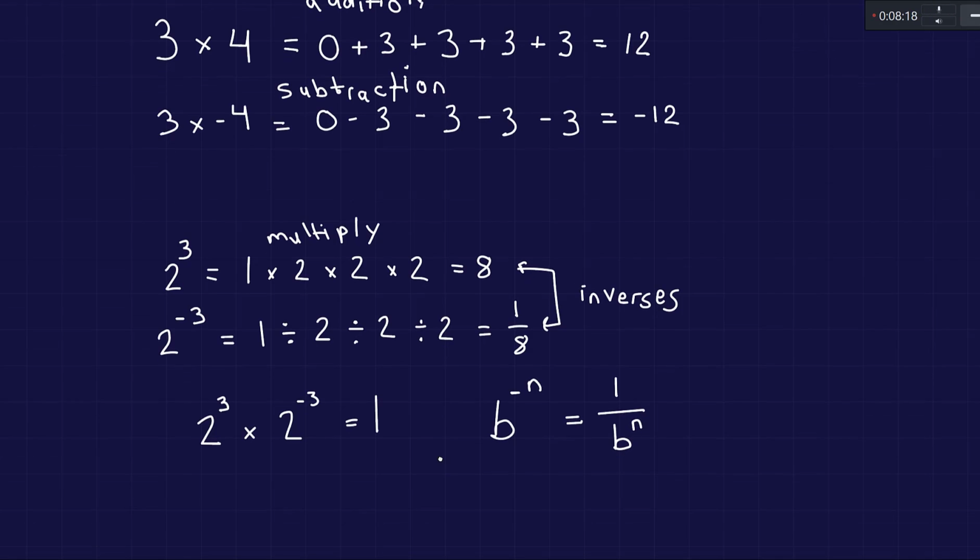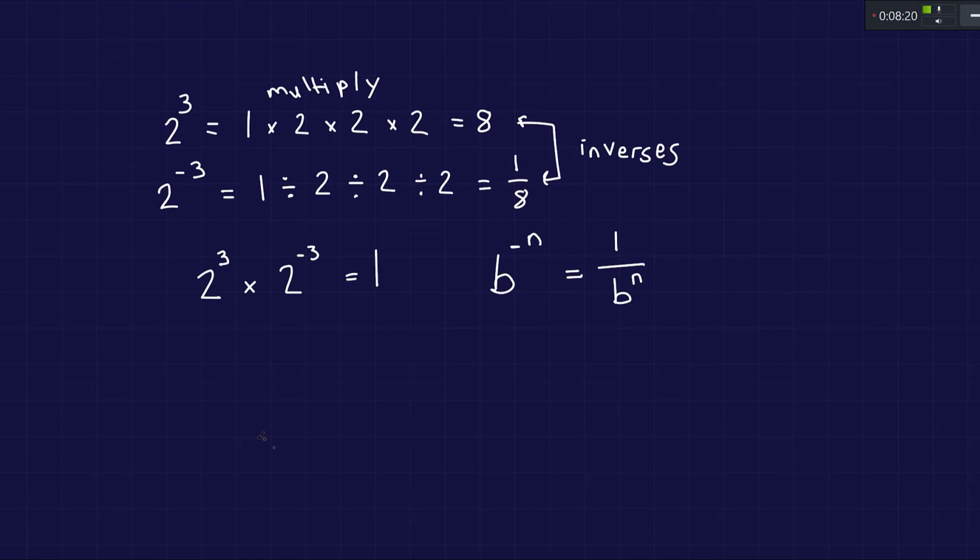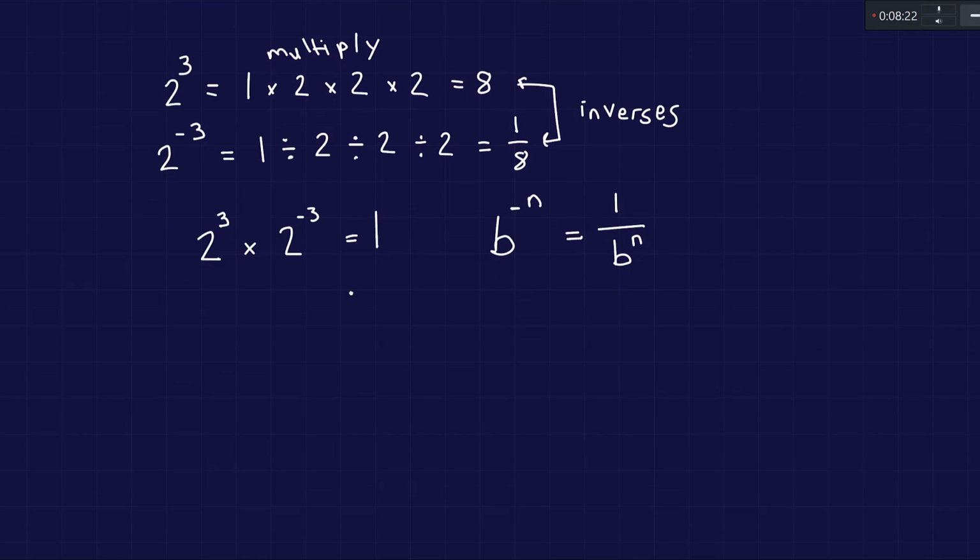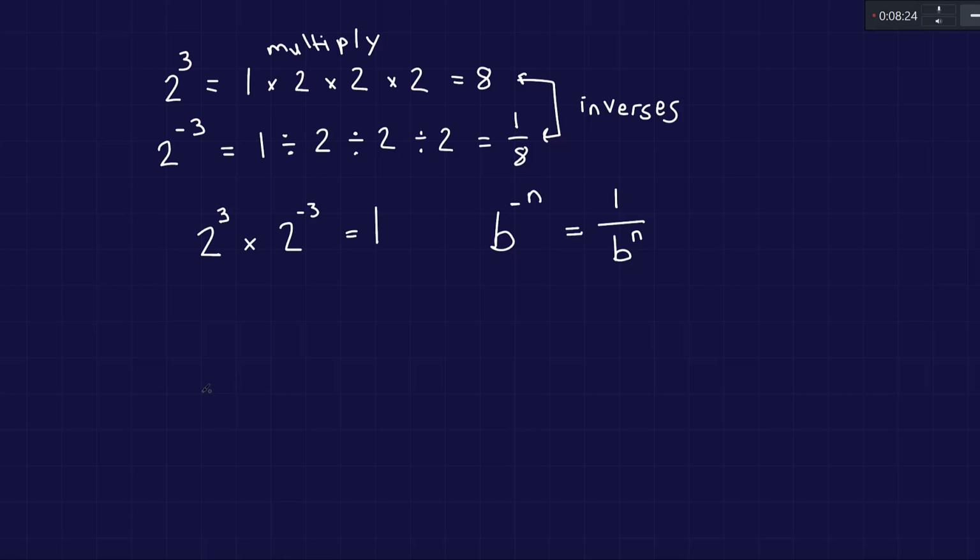Okay, so let's do a few examples. If I have 3 raised to the negative 3, well, let's see, that's 1 divided by 3 divided by 3 divided by 3.